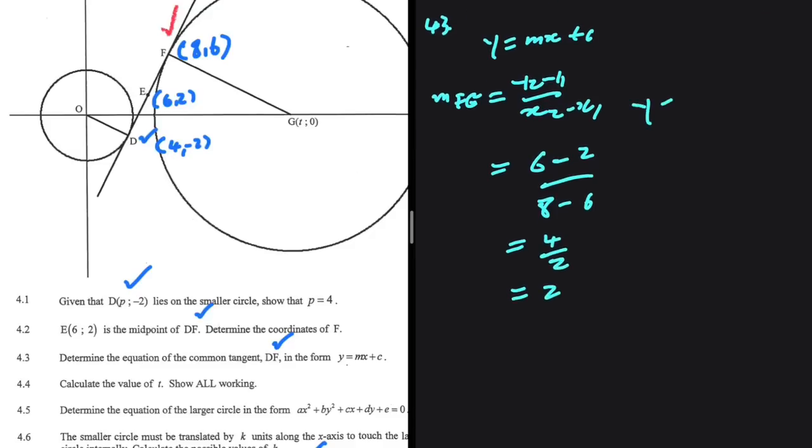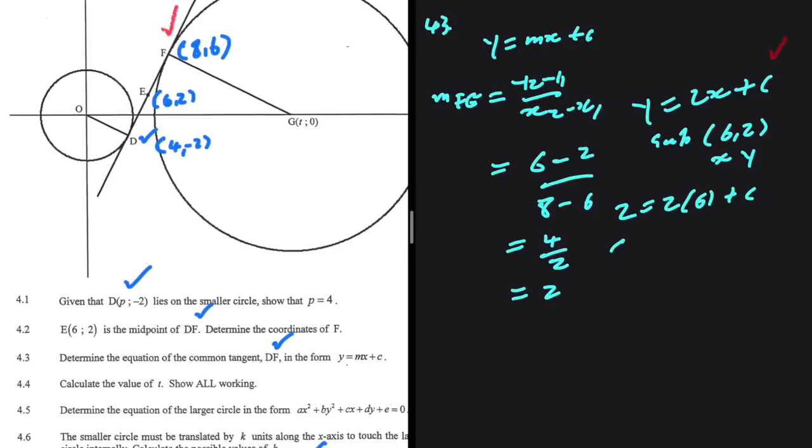So we have y equal to 2x plus c. Let's substitute our point E. If we substitute E with coordinates (6, 2), we're trying to find the value of c. The coordinate of E gives us an x value and its corresponding y value. So we have 2 equal to 2 multiplied by 6 plus c.